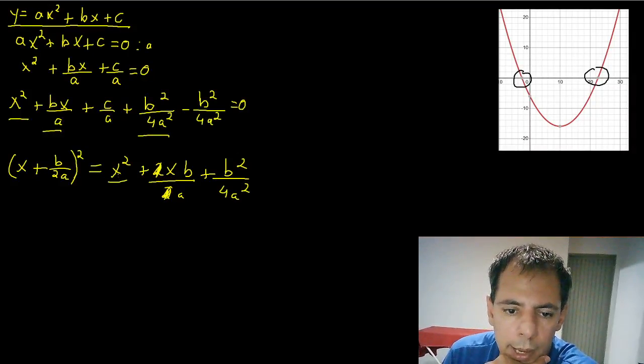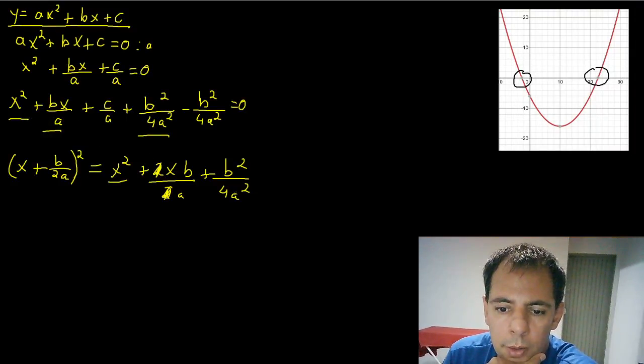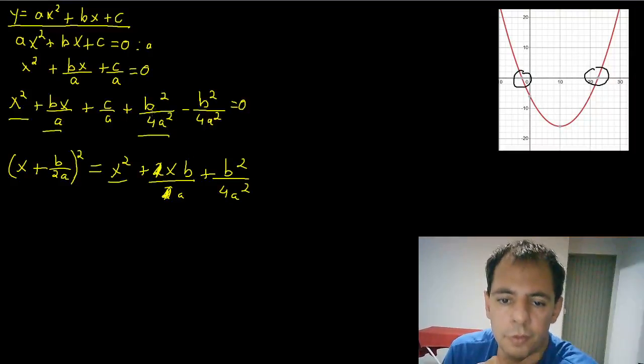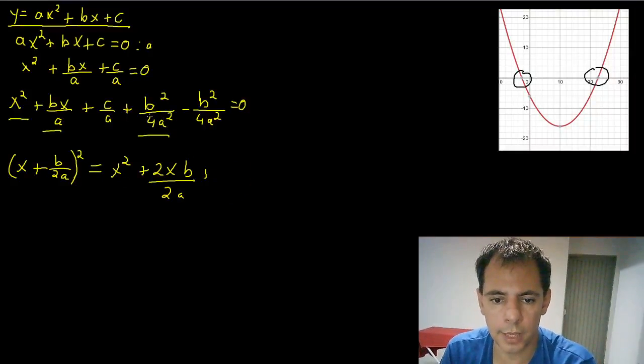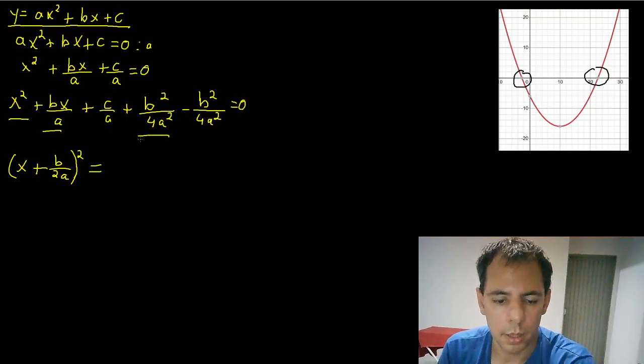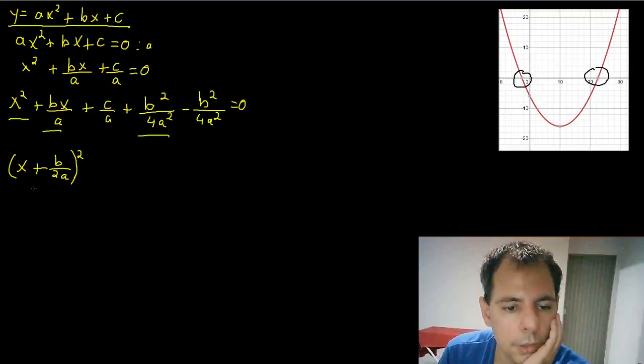So you have x squared here, in here you have bx divided by a, and you have b squared over 4a squared. So yes, this square binomial represents all these three terms, okay?